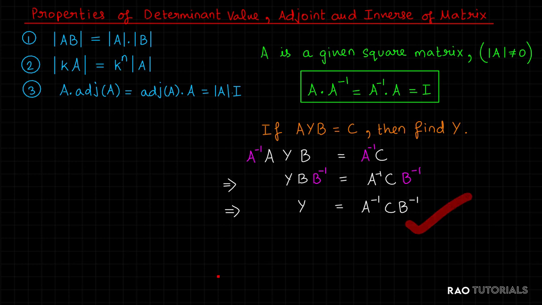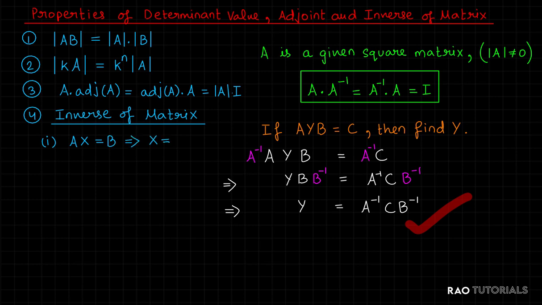Now this is not some result that we memorize, but is a way in which we use inverse matrices. Still, for the sake of our list of relations, let us write: if Ax equals B, then x equals A inverse B.